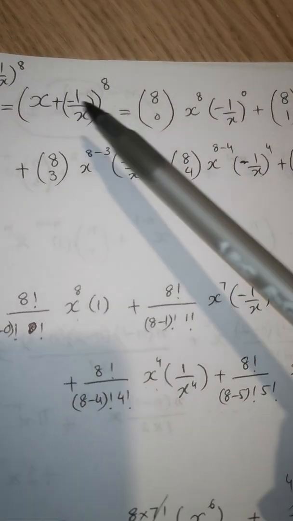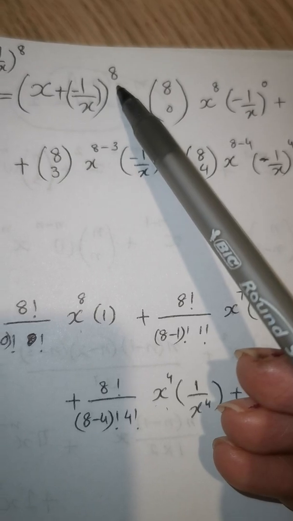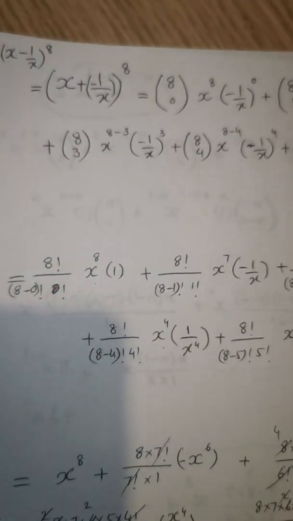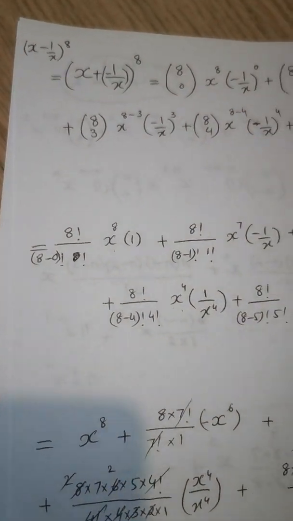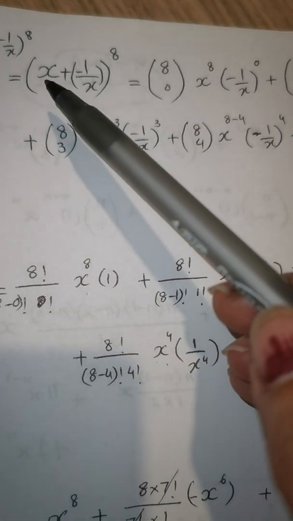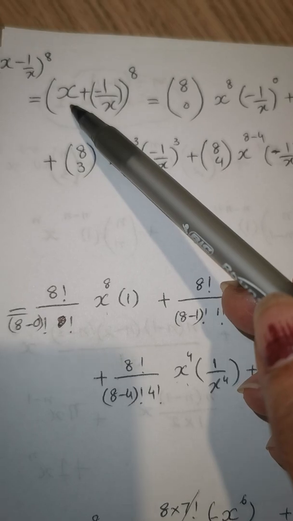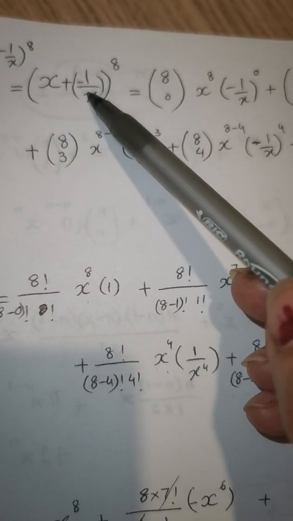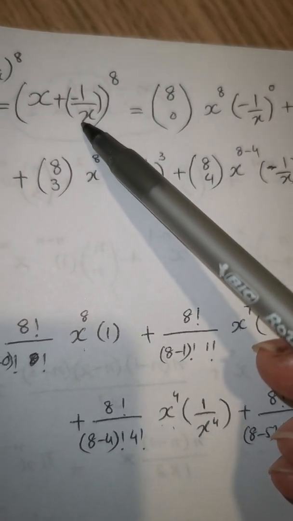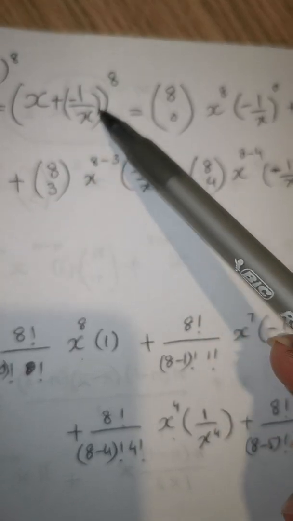In this case it takes the form (x plus y) whole power 8, or (a plus b) whole power n, as we have done in our expansion. So in place of a we have x, and in place of b we have minus 1 over x. Keep in mind that in place of b I am using the whole minus 1 over x term.